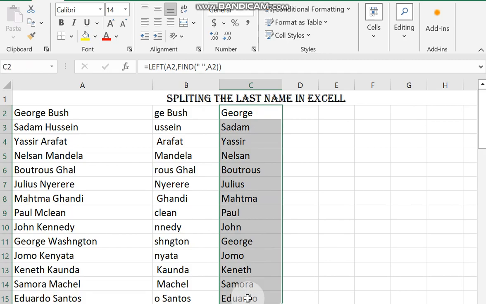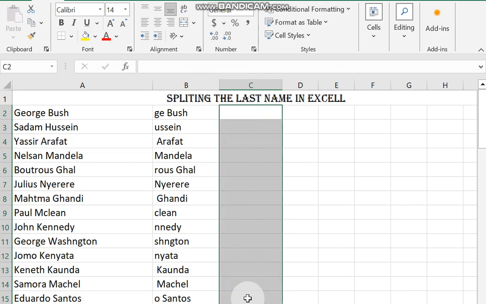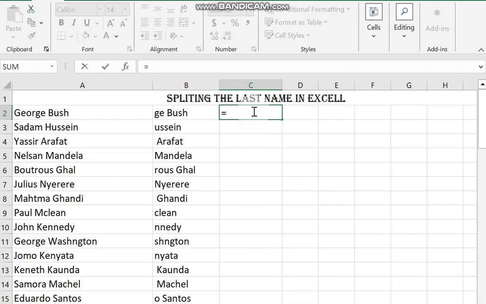Let's choose the other one. The solution, let's do as follows. Let's incorporate the other formula. Let's say LEN. LEN is the short form of length of this word.